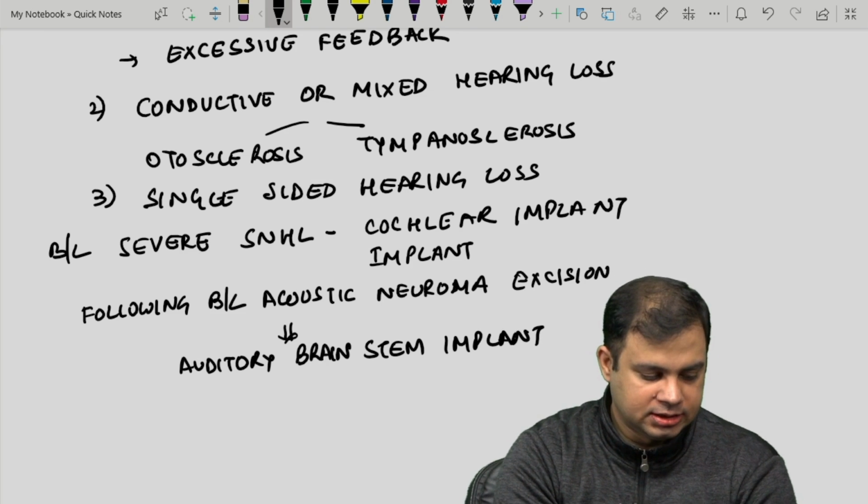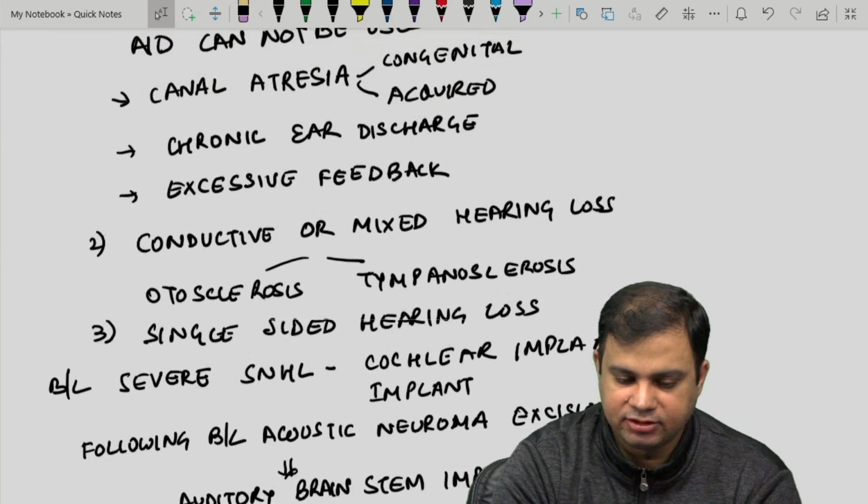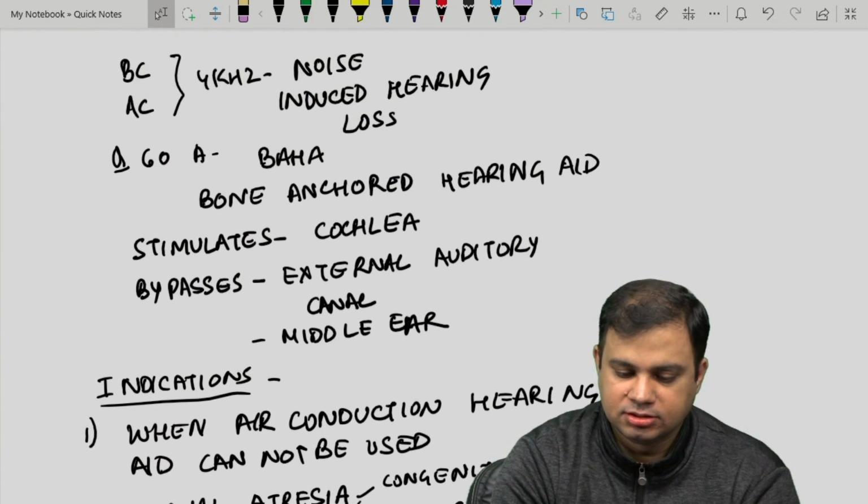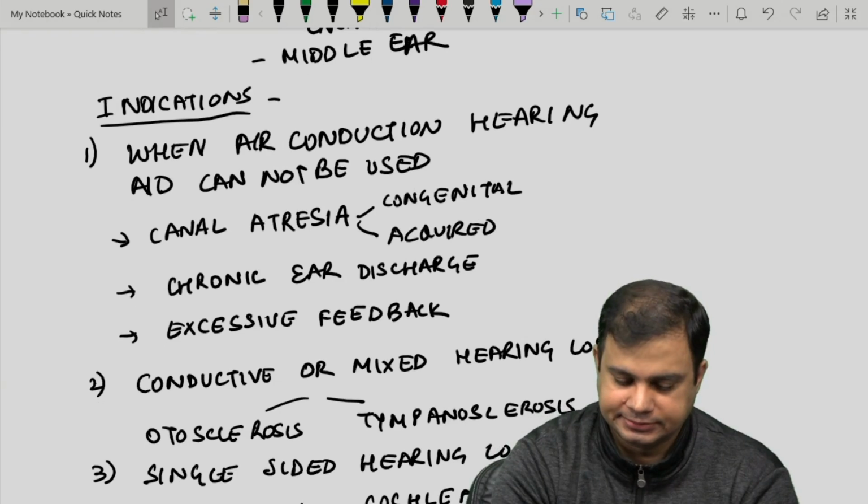So, here the answer is the patient is having a canal atresia. So, answer is option A.